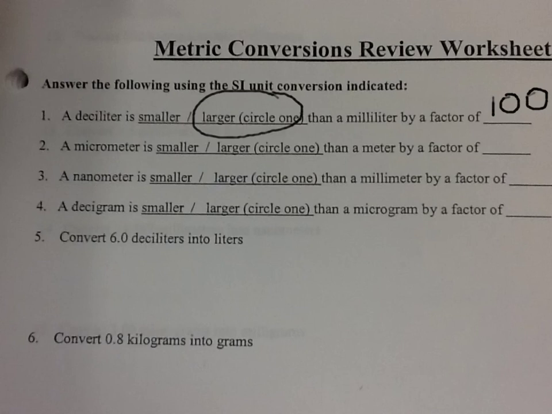So dividing by 10, because I told you whenever we go in an uphill direction, we divide by 10. So therefore, 6.0 divided by 10 is 0.60, and the label of liters.